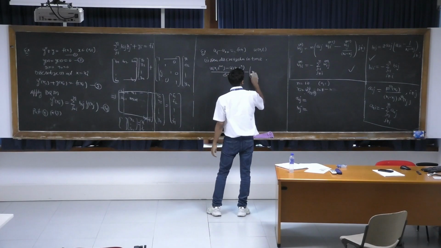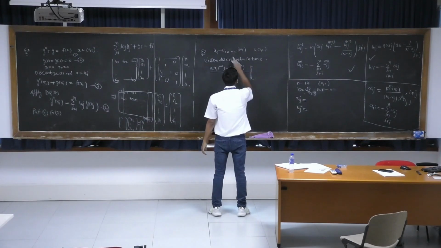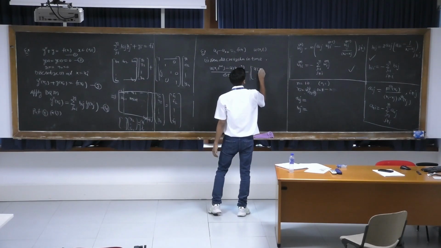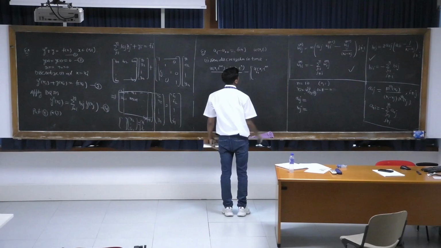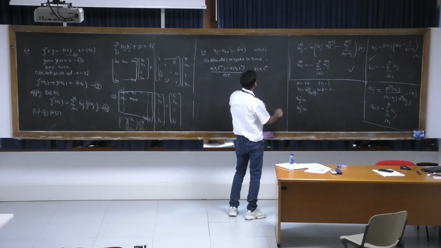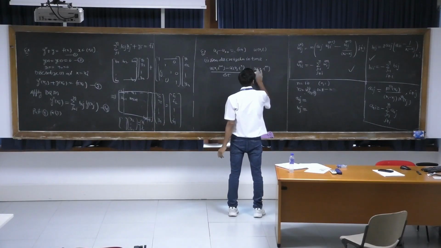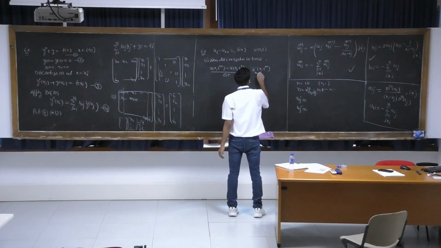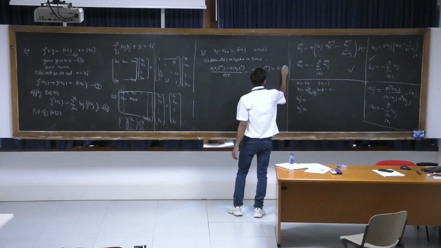Suppose I am using u_xx at t_{n+1}, without Crank-Nicolson, because this is unknown here, and it is equal to f of x.